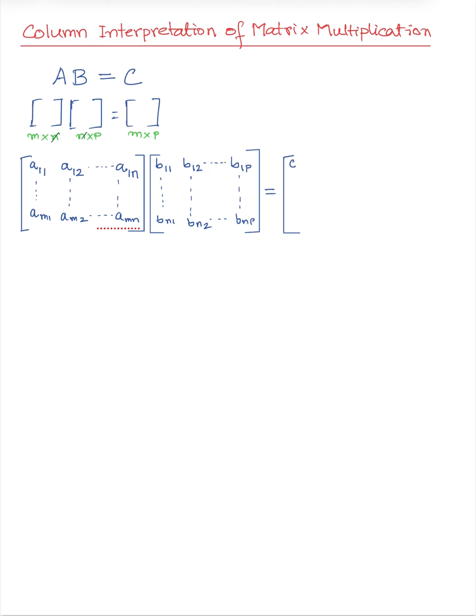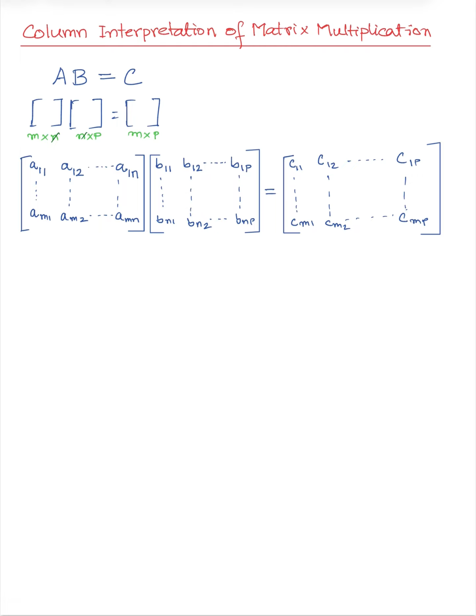So let's write it as C11, C12, and as we go, this is gonna be C1P. Going down, we have CM1, CM2, and the last element is CMP. So this is how it looks in details if we write out every single element.